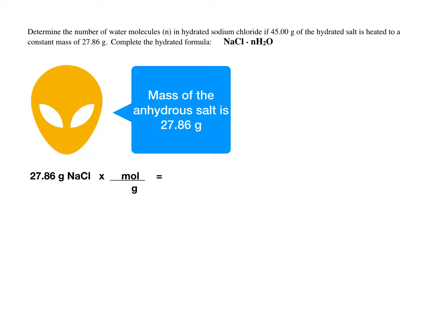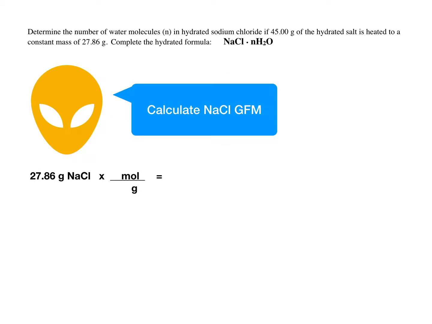So notice I have the dimensional analysis process started, and we have 27.86 grams NaCl times mole divided by grams. So in our fractional relationship, when mole and gram are present, that means we need GFM information. However, this time, this is not an individual element, but it's an actual compound, so we have to calculate the GFM based on the elements present in sodium chloride.